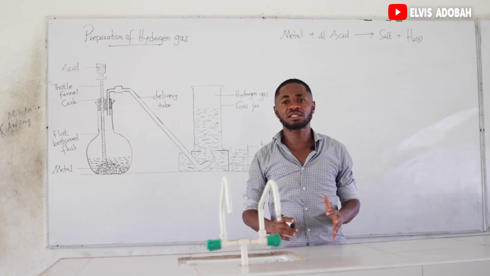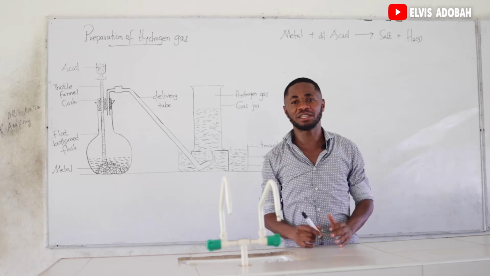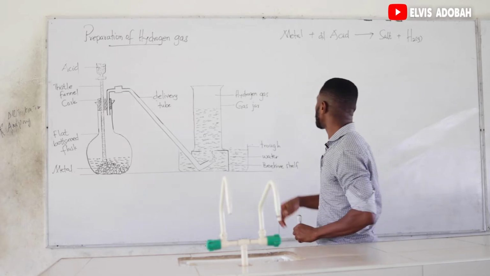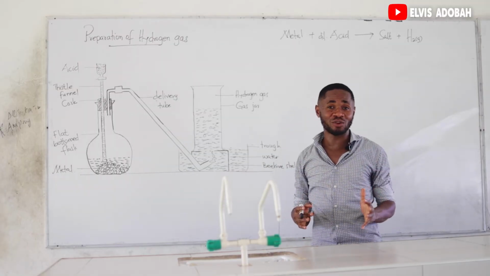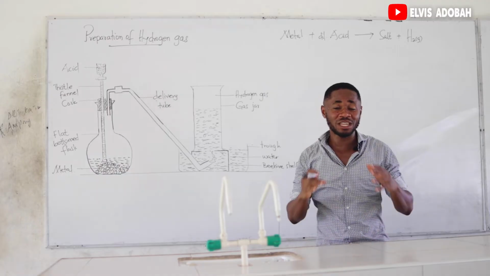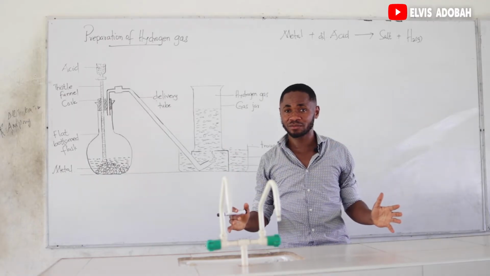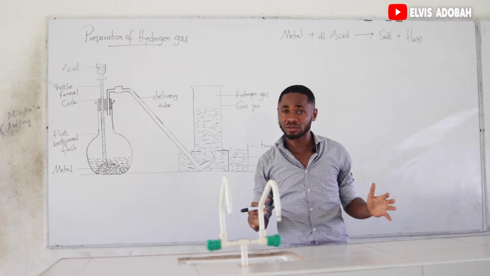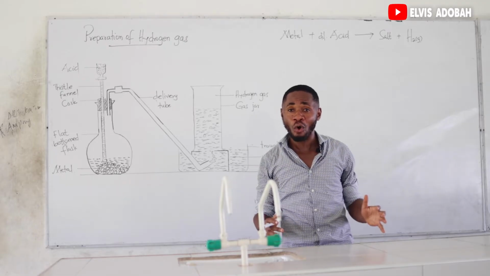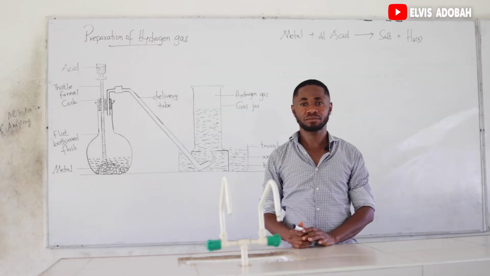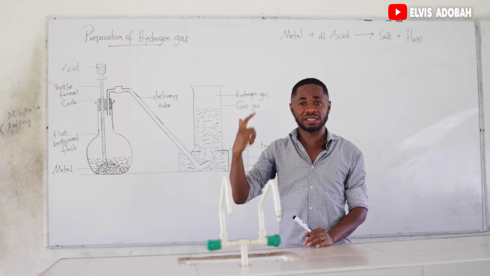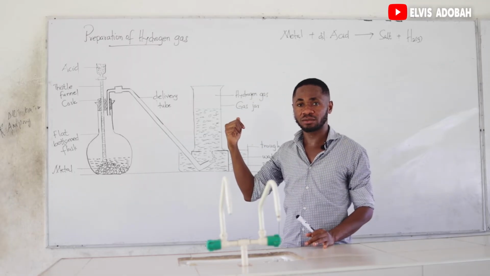That is one of the things we want to talk about today. So let's talk about the metals. There are a lot of metals on the periodic table. In fact, if you consider the periodic table of elements, the metals are more than the non-metals and the semi-metals combined. So you can think about a lot of metals for this reaction.